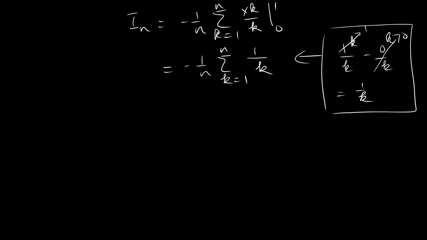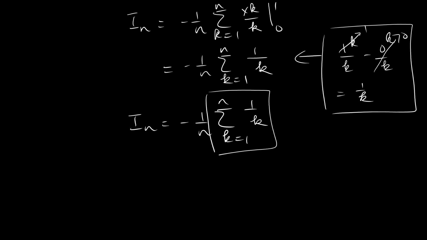And so since our In is equal to negative, this series here is a very famous series, and it's a harmonic series, Hn. So in other words, In is equal to negative Hn, the harmonic series, Hn over n.